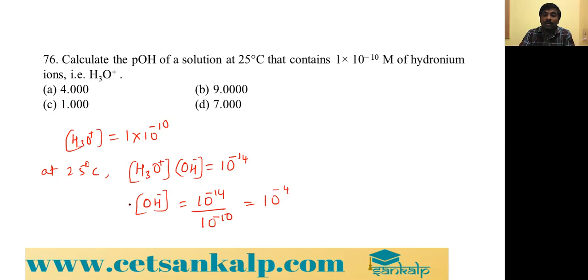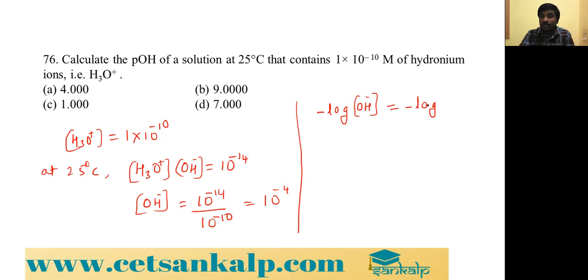So now let us apply the negative logarithm of OH minus ion concentration, that is equal to negative log of 10 to the power minus 4.